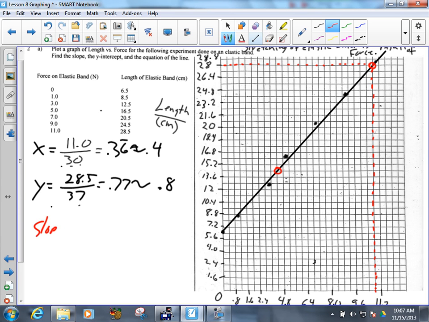Okay, so slope is going to be y2 minus y1 over x2 minus x1, and y2 is 28. x2 is 10.8. And y1 is 14.2, 14.4, sorry, 14.4.